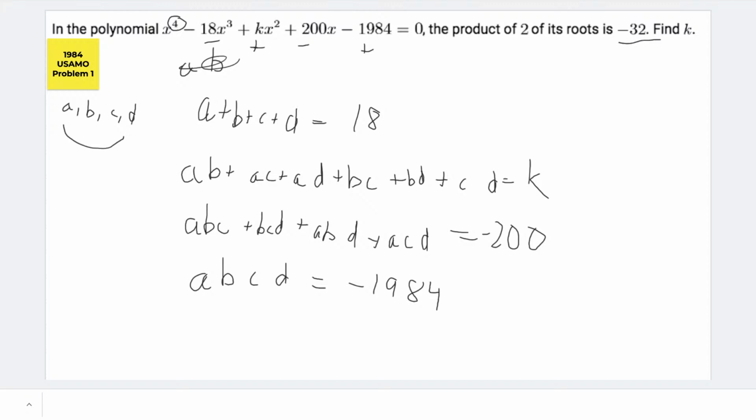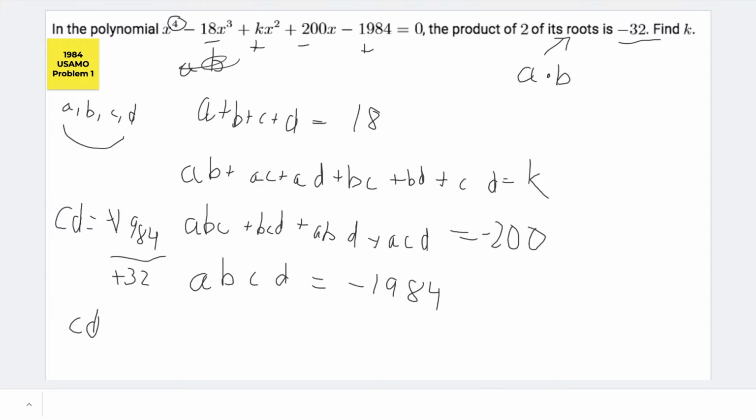We can assume that those two roots are a times b. So we see ab times cd, and ab we know is negative 32. If you divide both sides by negative 32, you get the value of c times d, which equals negative 1984 divided by negative 32, and this equals 62. The negatives cancel out, and you can do the computation on your own. That means cd equals 62.